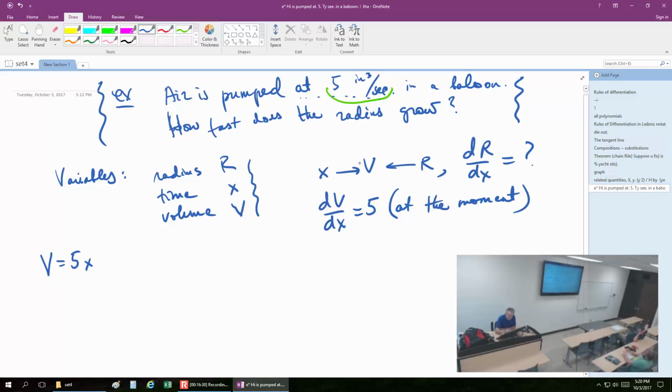This dV/dt will help us with this relation. We don't know what it is yet, but at least we know its derivative at one moment, which is kind of weird. If I try to plot this function, all I know is the value of its derivative. So suppose this is the moment. Then I know that the derivative at this moment is 5, which doesn't really mean a lot.